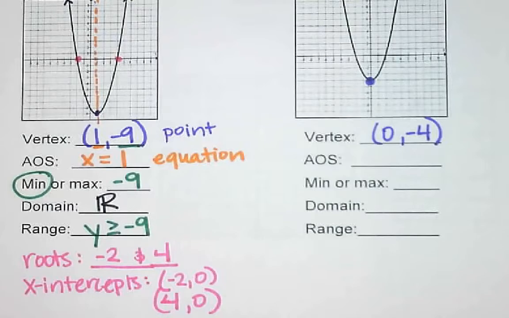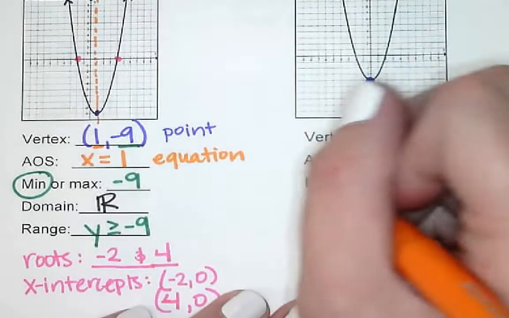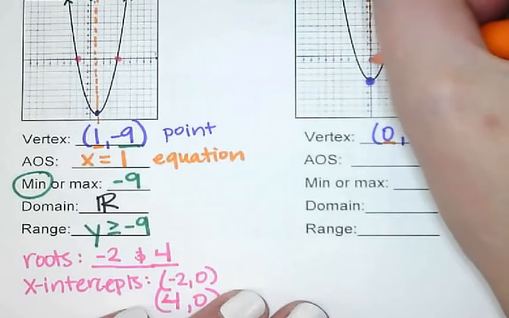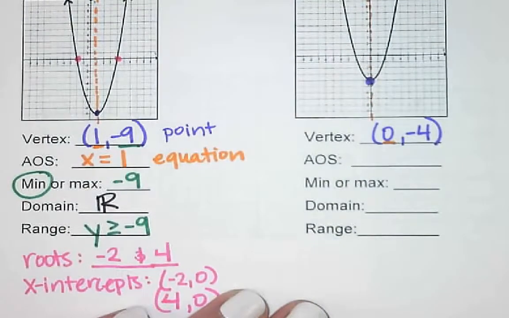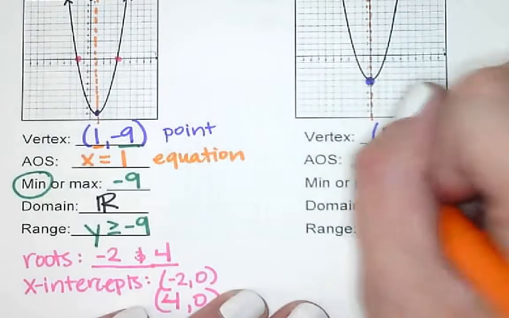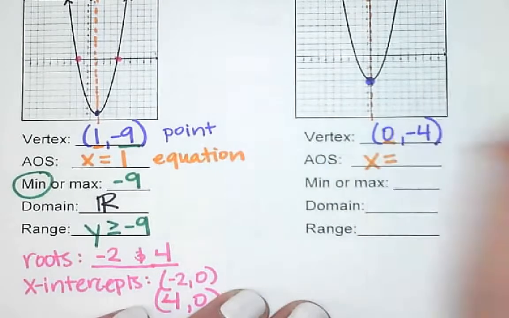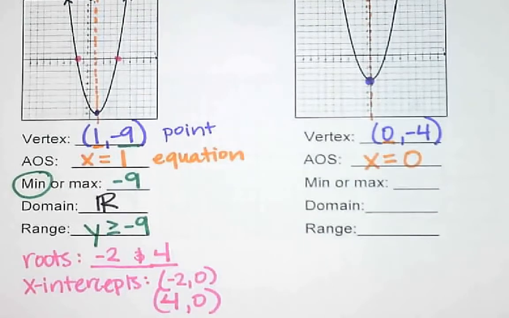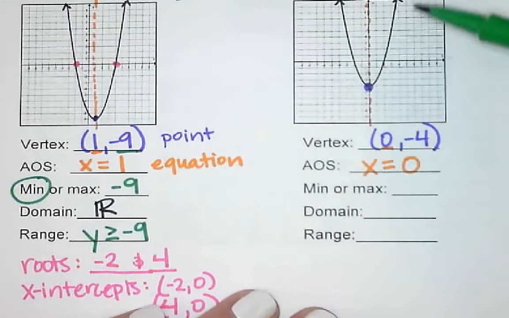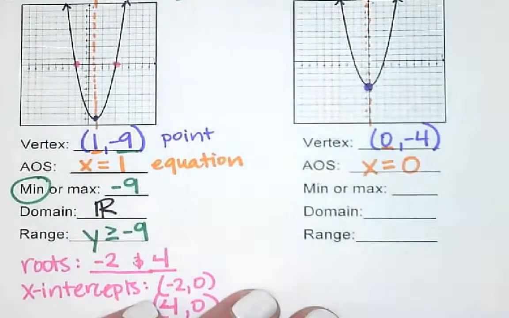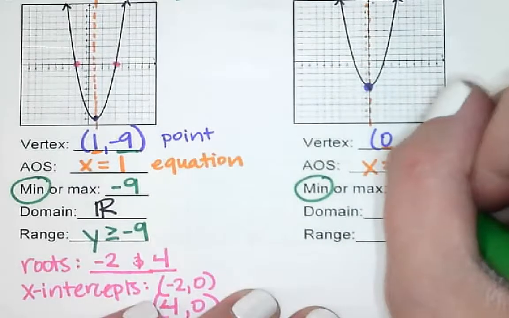So guys, can we use our vertex to help us find the axis of symmetry? Yeah. So my axis of symmetry would be x is equal to what? 0, because the x value. All right. Is this going to be a minimum or a maximum? Minimum, because that's the lowest point. And our minimum would be here at -4.